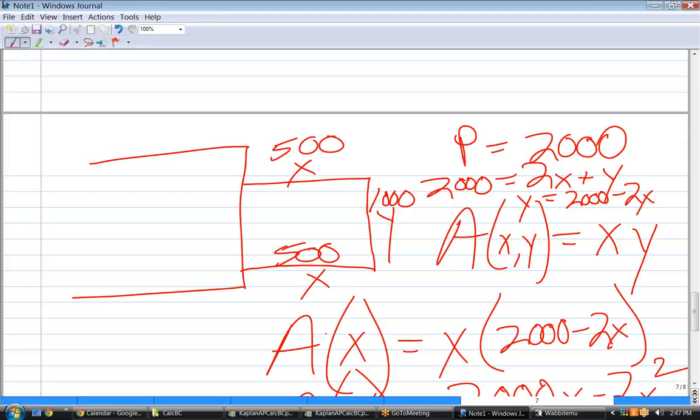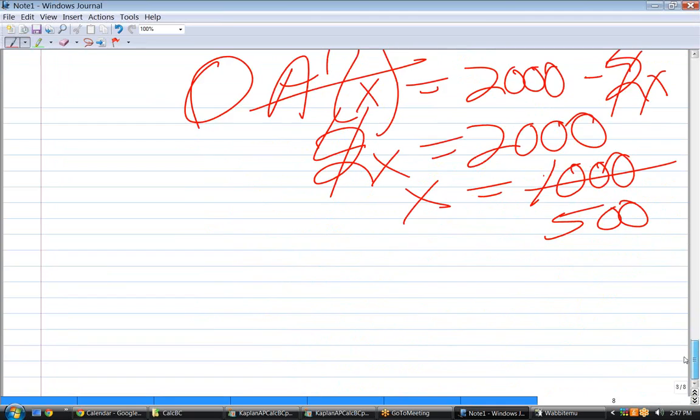And that's when the length is 500 and the width is 1,000. Okay, and this is like the most basic of all basic optimization problems. It's where you have a really easy area function, you have a perimeter, so you can relate y as a function of x and solve it quite easily.